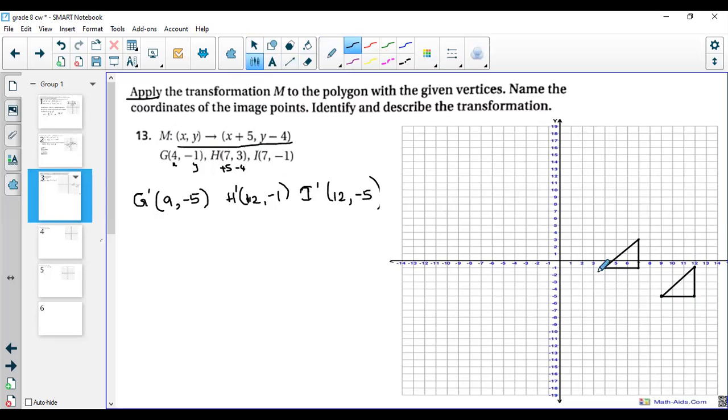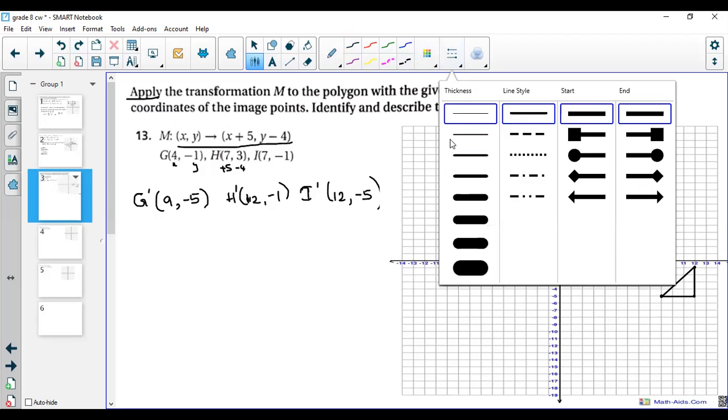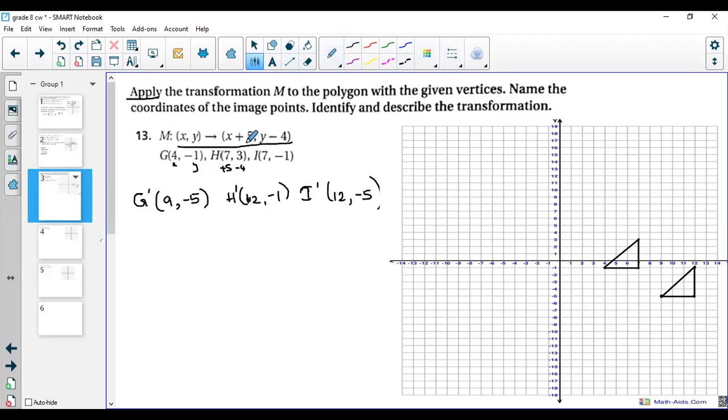So let's name them. This is going to be G. And it doesn't look good. Okay, so this is G. Yes, it does take time to draw. That too on the screen, it's worse.